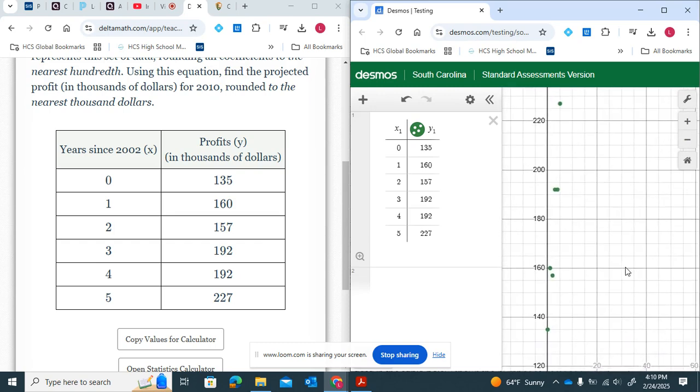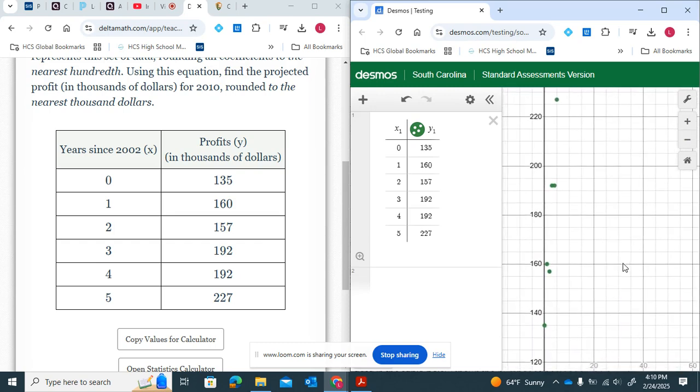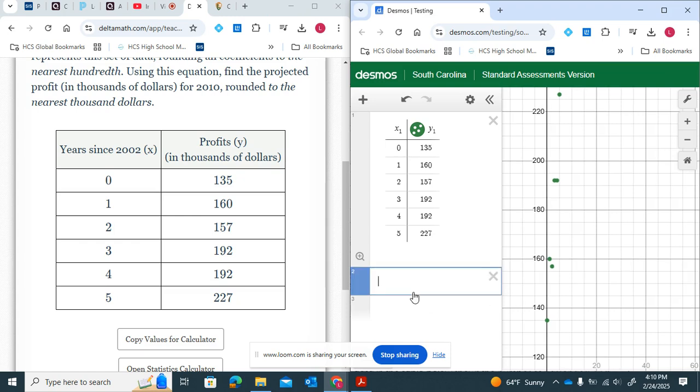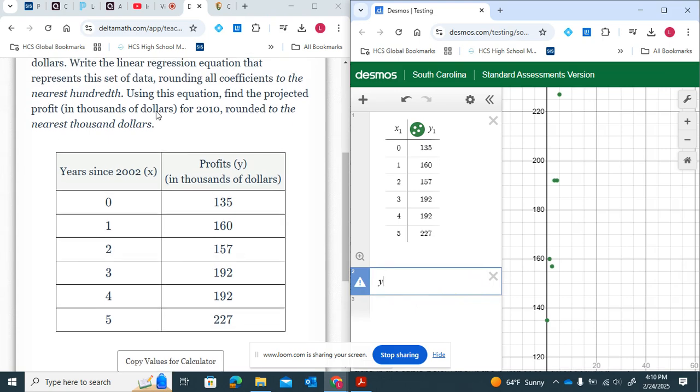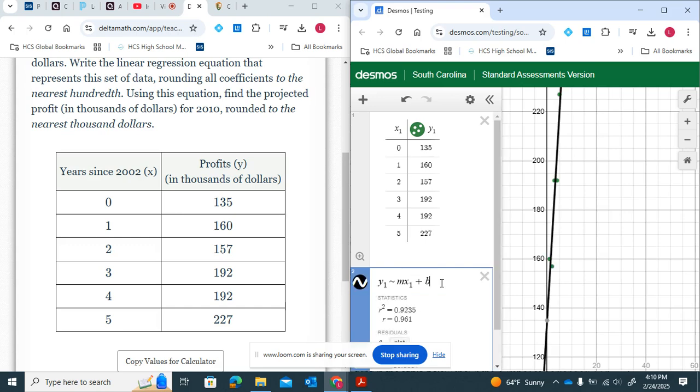It's definitely going up: as X increases, Y increases. And then I know it's going to be a linear regression. That's what my question says. So I do y1 tilde mx1 plus b. And I already went over how to find that tilde button.